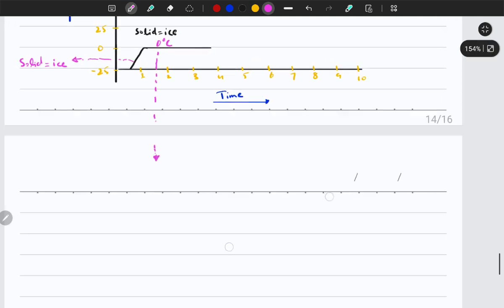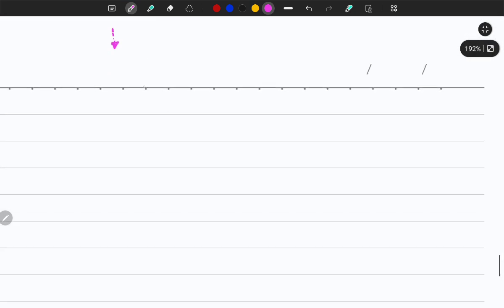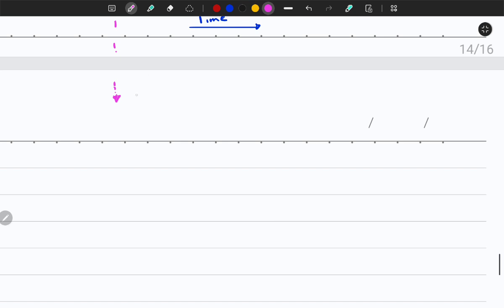So at this point, what's going on is that the temperature at the 0 of the ice or melting ice remains constant. It means the temperature would not increase or decrease from 0 degrees Celsius.